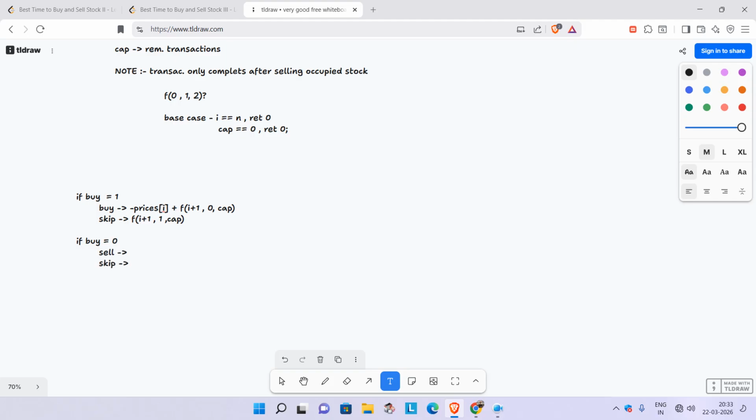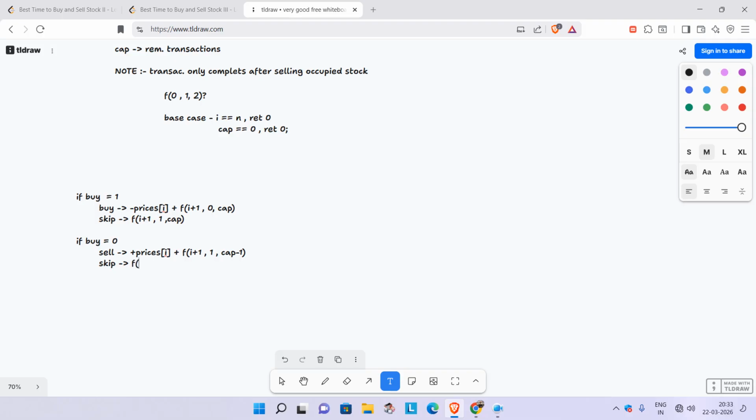If we sell, our profit increases by prices of i, and we call for another index. The status changes, and our capacity is decreasing, so we have to take this into consideration.